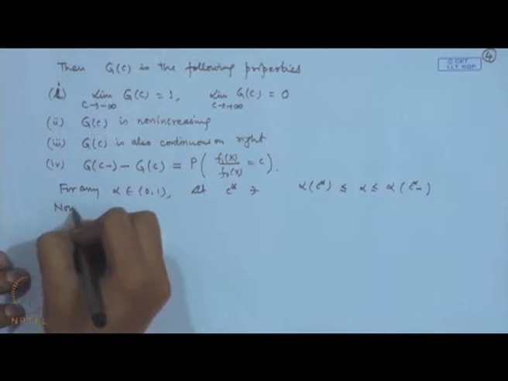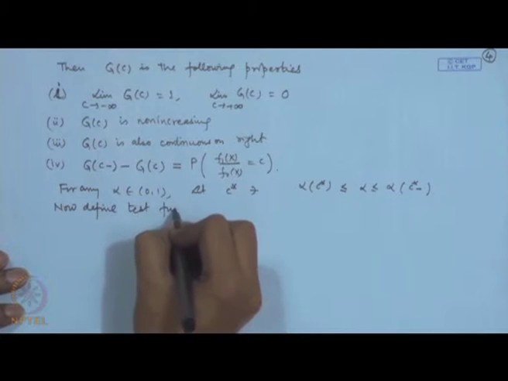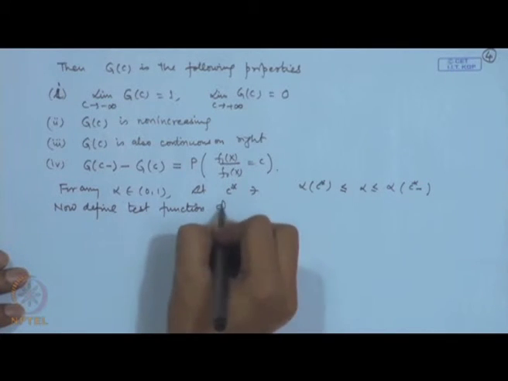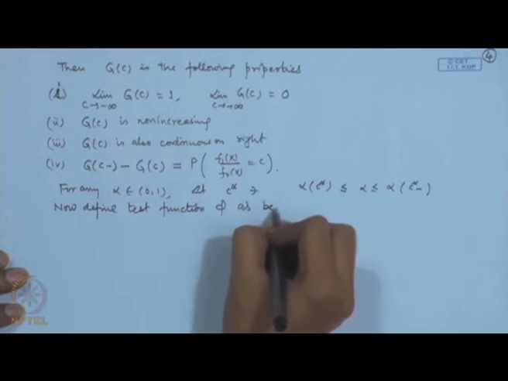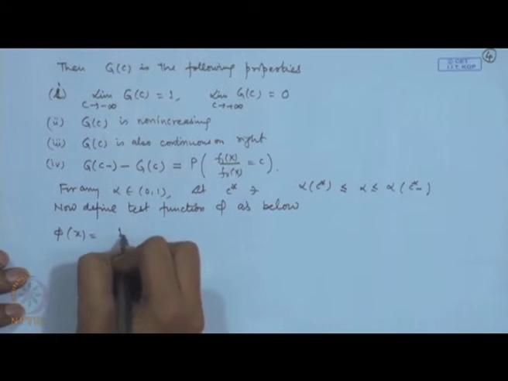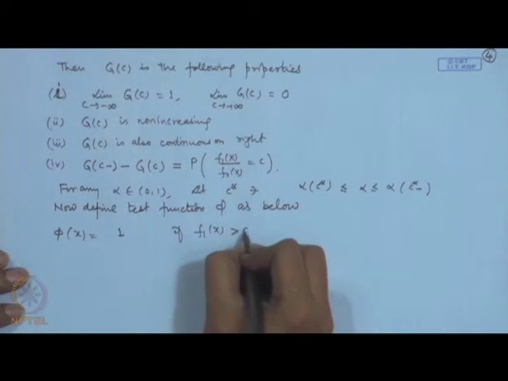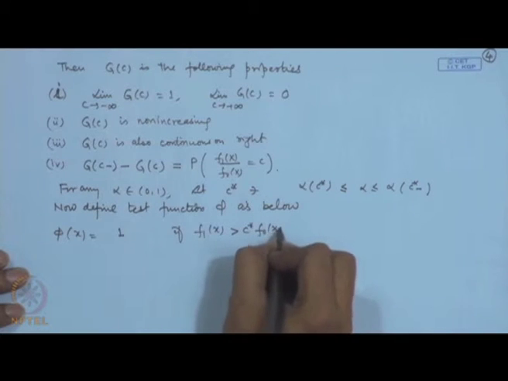Now, define the test function phi as below. We define phi(x) equal to 1 if f1(x) is greater than c star f naught(x).